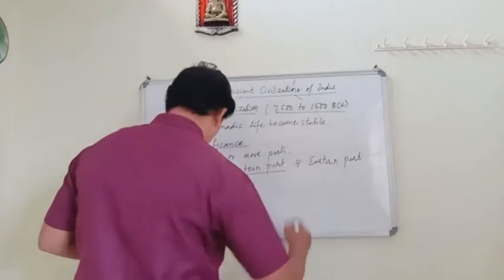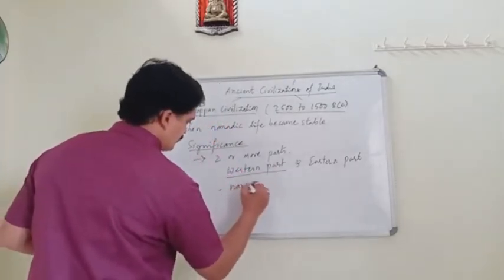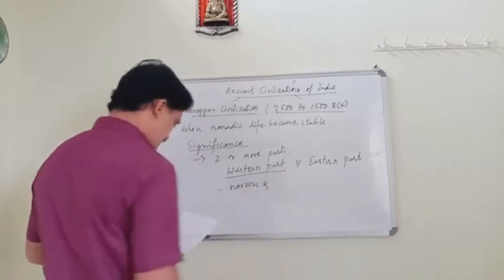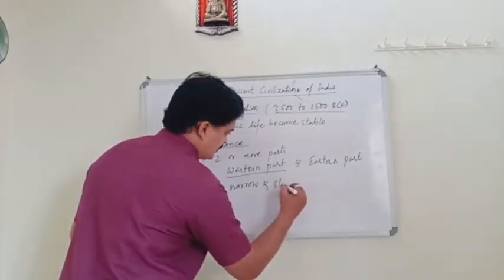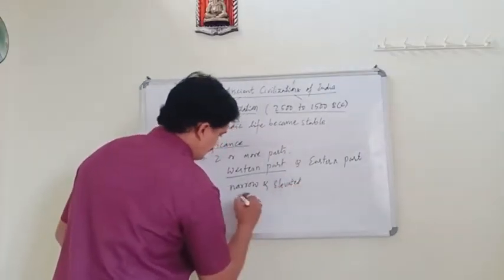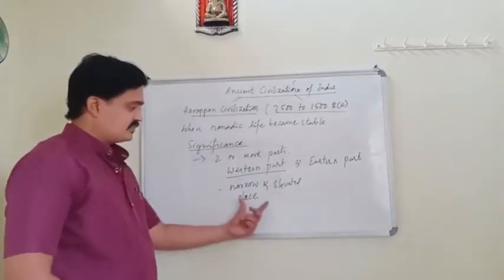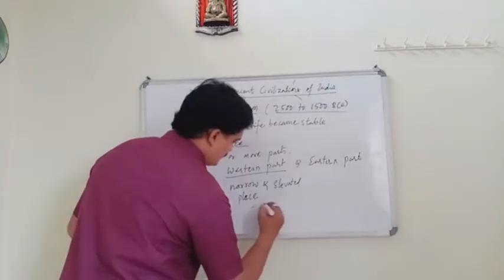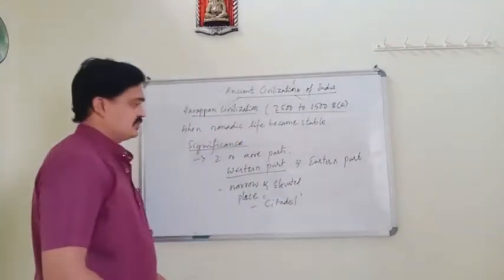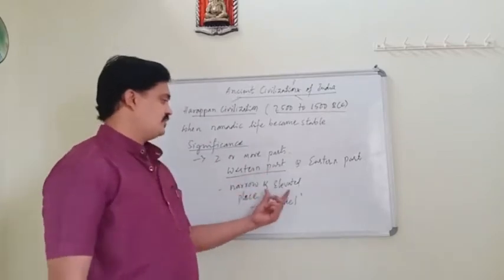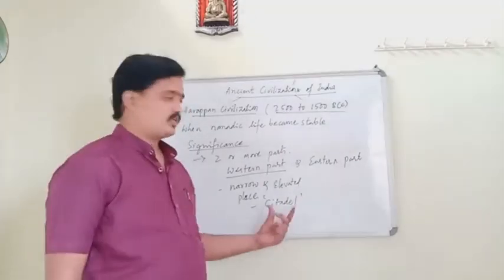When we come to the western part, it is very narrow and at an elevated place, and this we call the citadel.